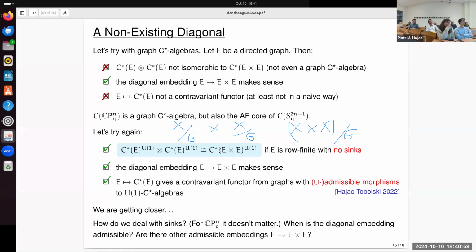Well, but you are taking the Cartesian product of the graph, not of this AF core, but of a bigger algebra. So the graph geometrically is not your space; it's something bigger. I understand, but it's hard to say what is this object corresponding to what you are taking the square of. But you see, if you take this Cartesian product, I mean, yes.